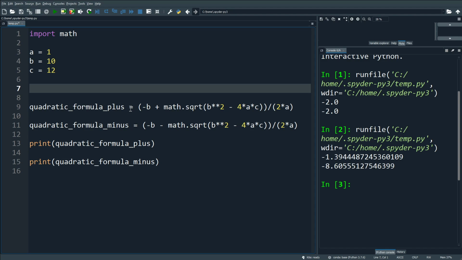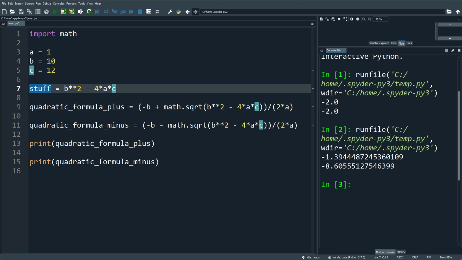I'm just going to call it stuff in the square root. I should make it simpler. Can't believe I don't remember what it's called. Anyway, let's go call it stuff. That's pretty bad coding, but whatever. And it's going to be my b squared minus 4 times a times c.